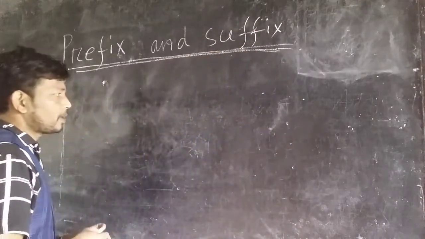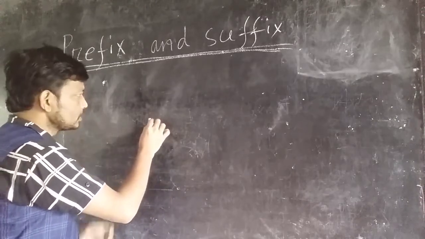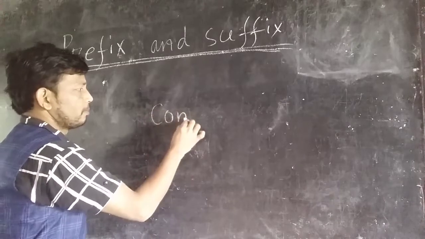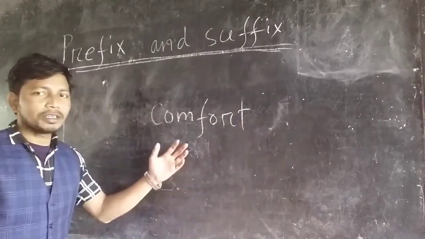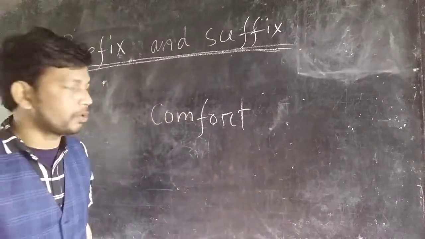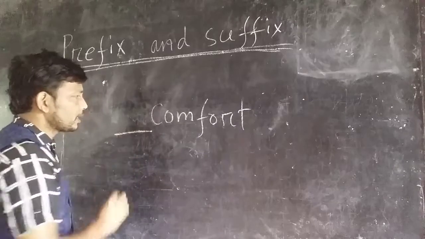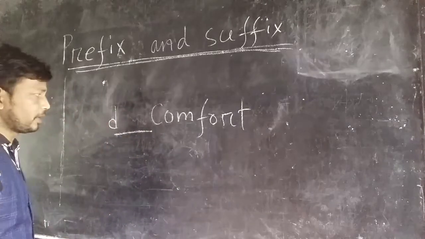Dear students, I am writing a word for you, that is comfort. Take this word as the root word. Before this comfort, we can use a letter or one more letter.